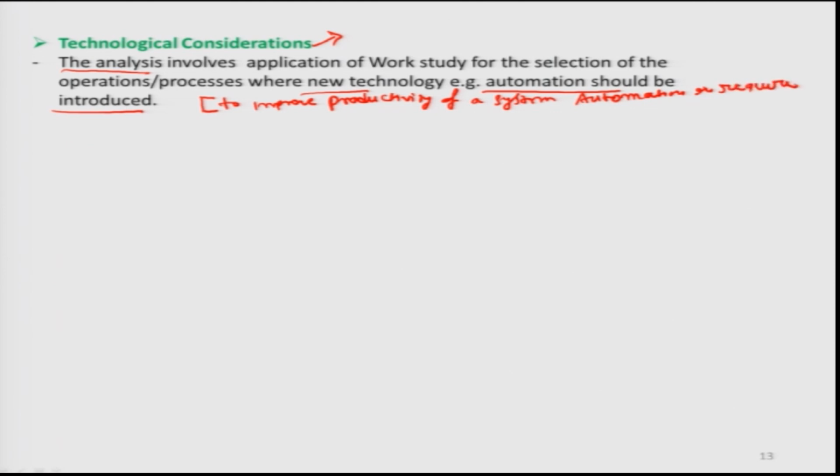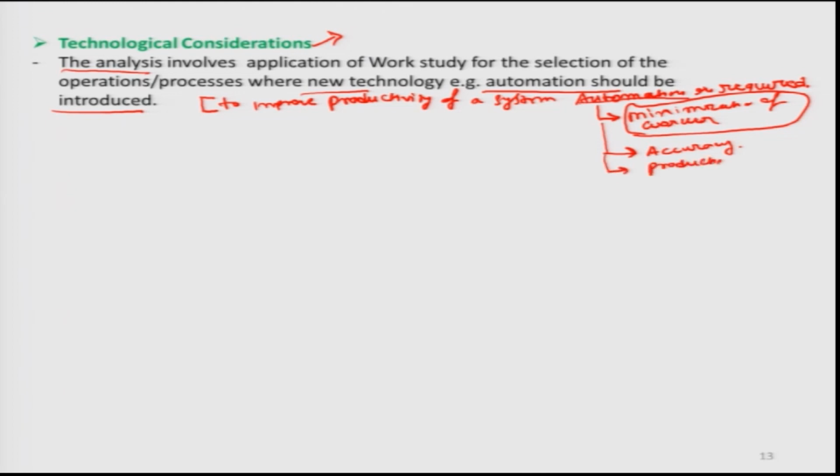The main drawback of automation is minimization of workers, and this is also a benefit of adopting automation. Another benefit of automation is that it will improve accuracy, production rate, etc.